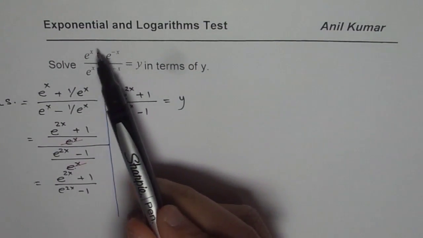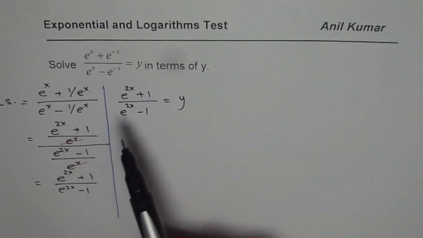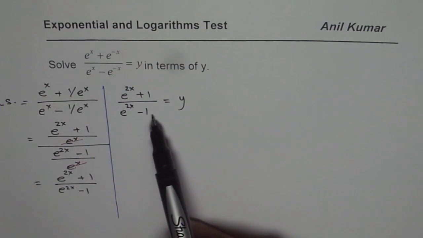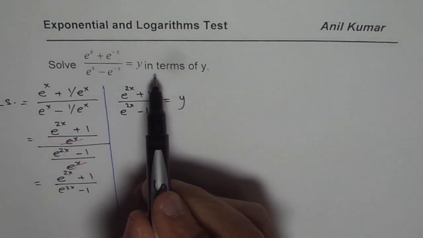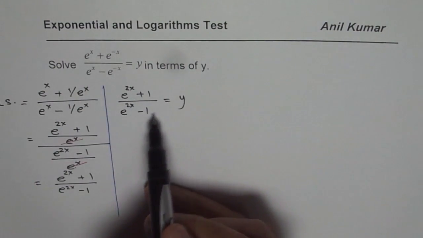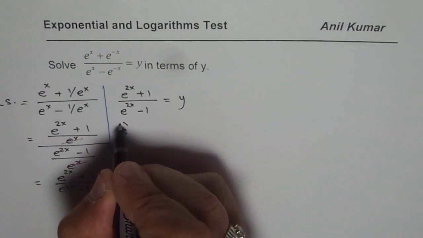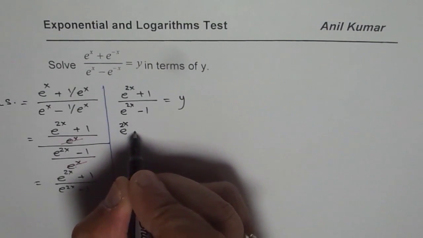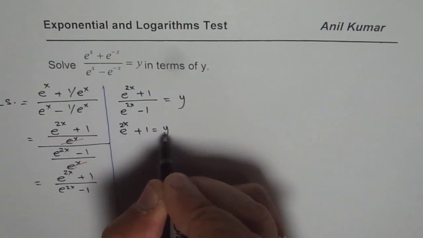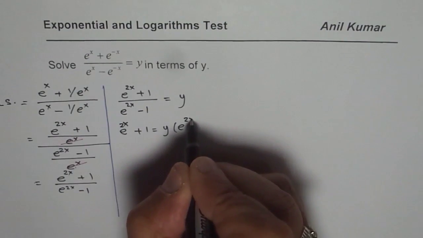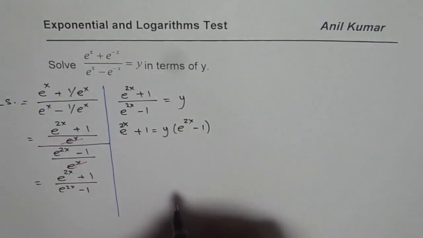We just simplified the left side first, and now we are simplifying the equation. We need to find the answer in terms of y. Let us cross multiply. If I cross multiply, I get e^(2x) + 1 = y times (e^(2x) - 1).